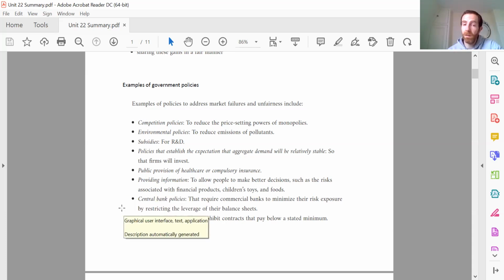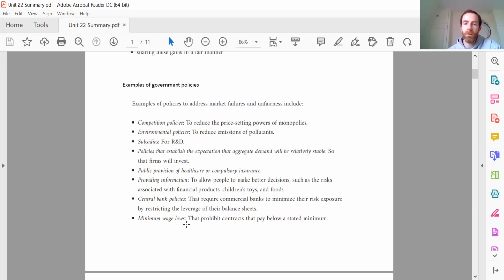This is interesting because when we think of government, we think of a parliament, but we could also have the central bank as part of that, even though they are independent. Central bank policies are designed to strike a balance between the risk taking that we want commercial and investment banks to do, but not so much risk that it causes a problem across the whole financial system.